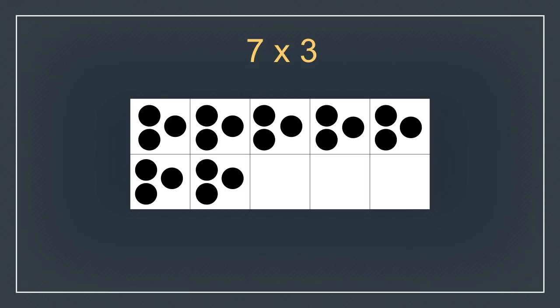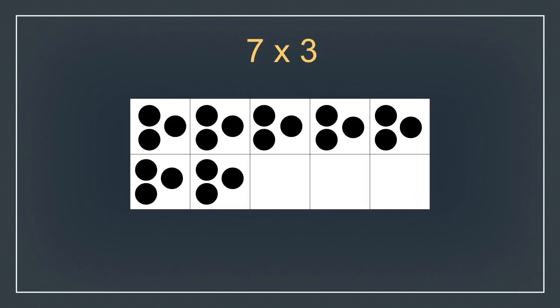The 10 frame is a really powerful structure that can help us as we move into multiplication. Being able to put those 3 into a 10 frame helps kids see 7 groups of 3, but also with a strategy for figuring that out.